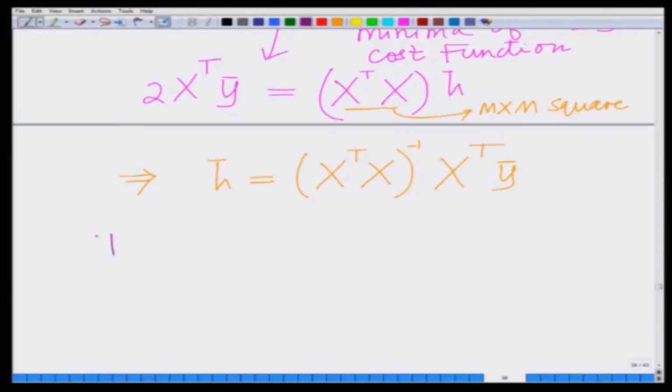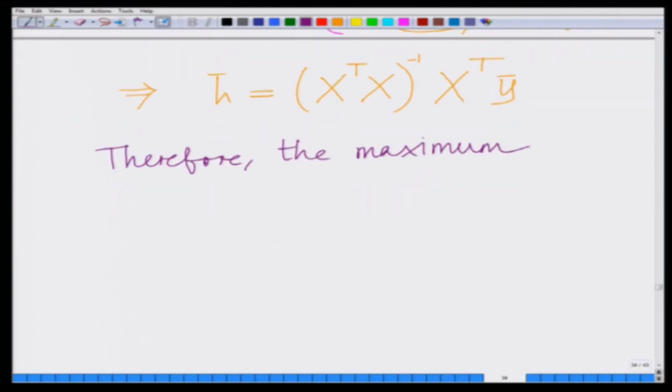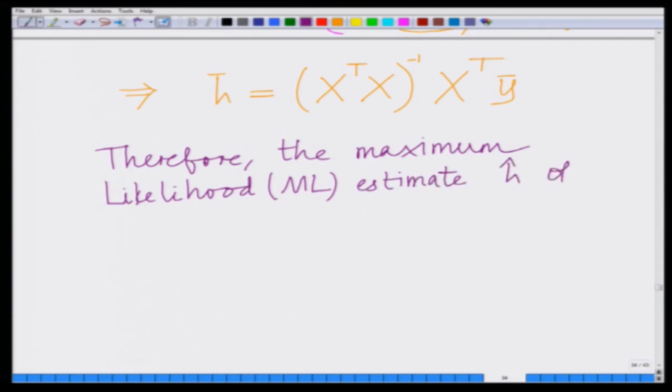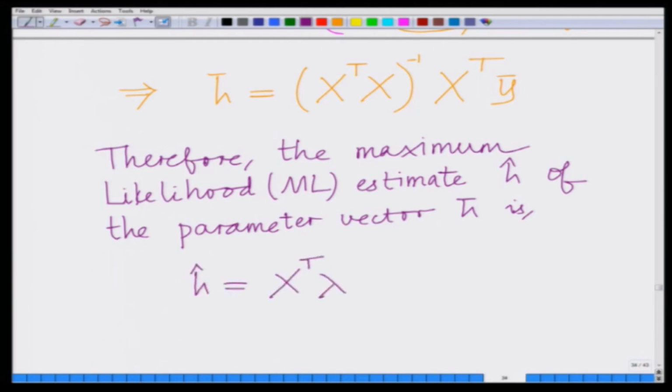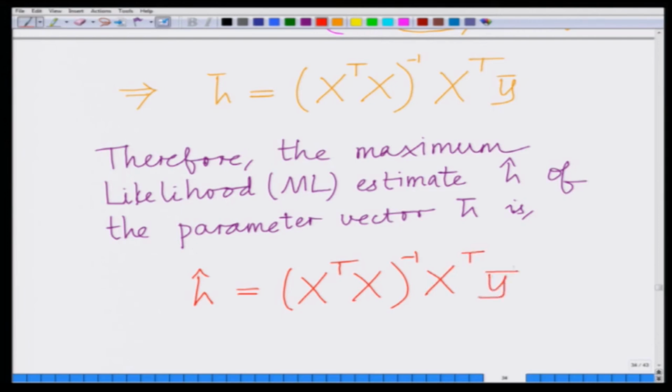Therefore, the maximum likelihood estimate h hat of the parameter vector h bar is, let me write it a little bit more clearly with a different color to highlight this, h hat equals x transpose x inverse x transpose y bar.